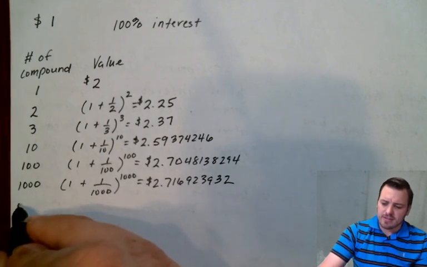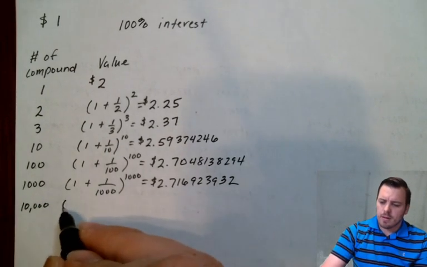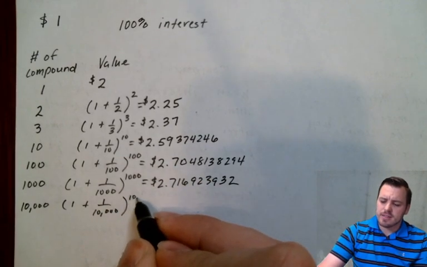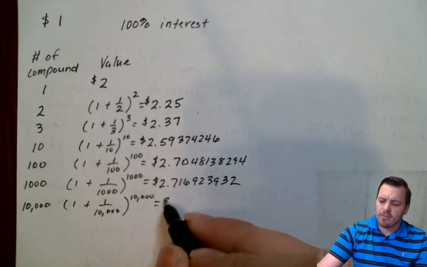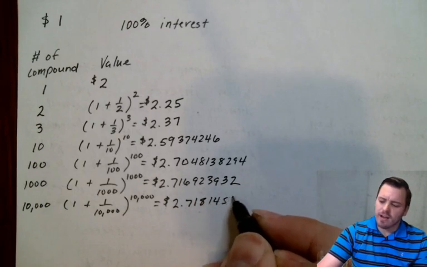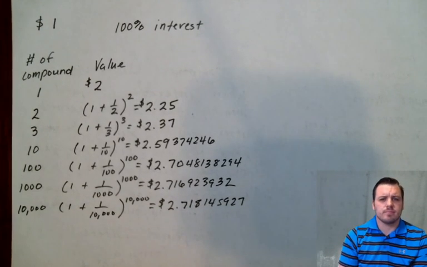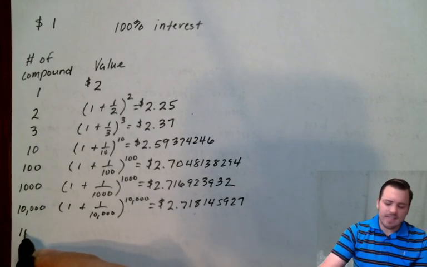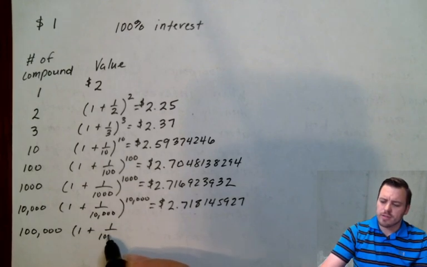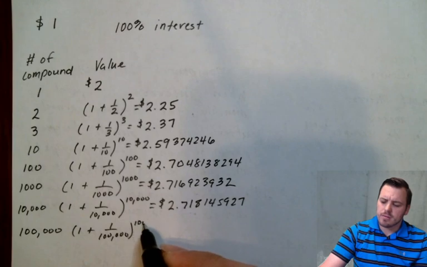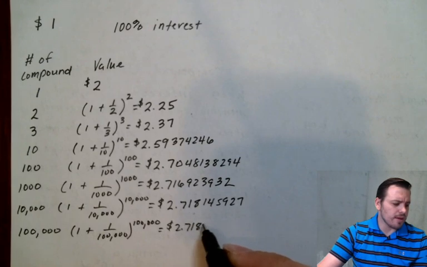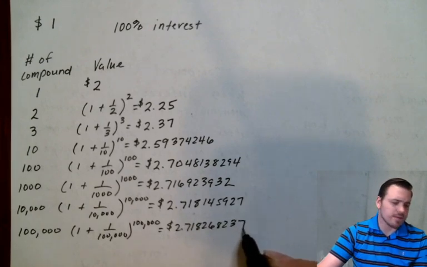If we did 10,000, 1 plus 1 over 10,000 raised to the 10,000, that would be equal to 2.718145927. If I did 100,000, 1 plus 1 over 100,000 to the 100,000, that's going to give me 2.718268237.